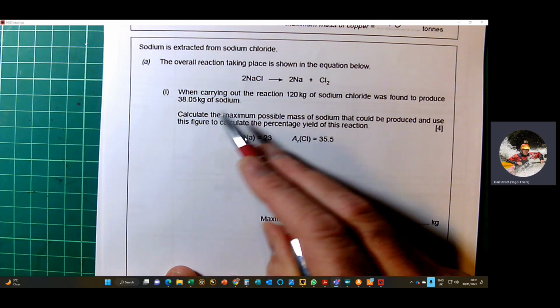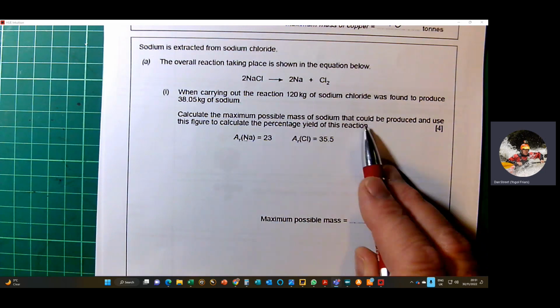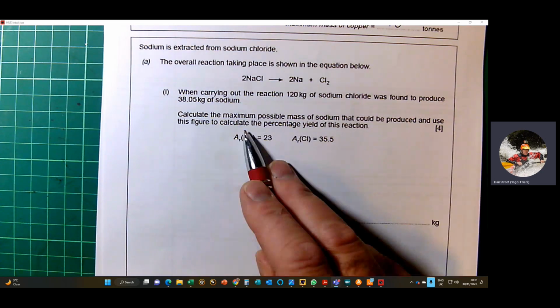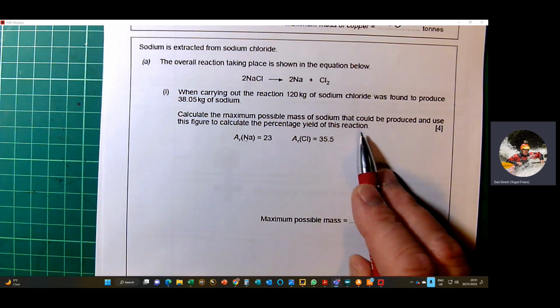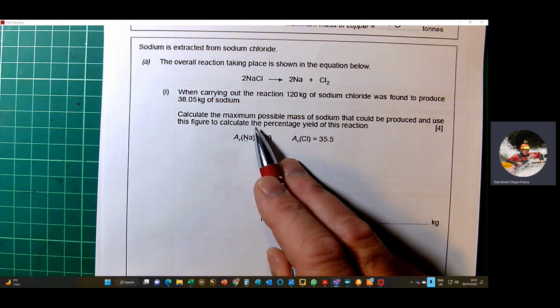However, we'll come back to that in a second. Calculate the maximum possible mass of sodium that could be produced, and use this figure to calculate the percentage yield of this reaction. So that's a yield of sodium made in the real world. The question's actually asking us how much could you make in a perfect world.